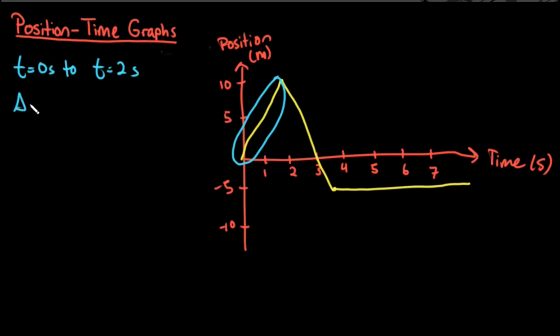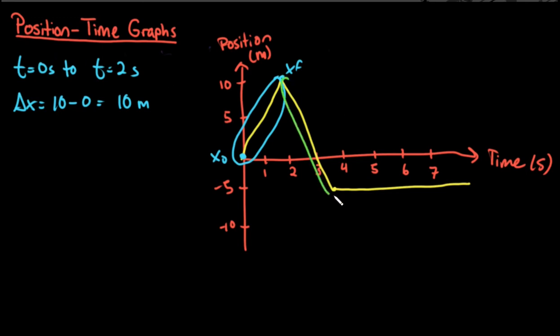Now, our displacement is our final position right here, minus our initial position, which is right here. So 10 minus 0, if we're reading on the y-axis, is equal to 10 meters. And it makes sense that it's positive because we know it's going up. So this is our displacement in the first 2 seconds.